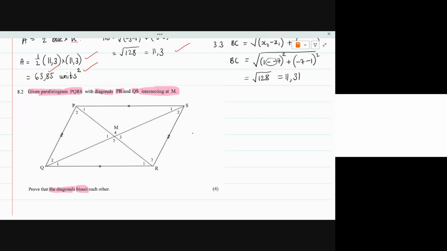The word bisect, Gift, if I have a line AB and line AB is bisected by, let's say, point C. What this tells us is that point C has cut AB directly in half such that AC is equal to CB.